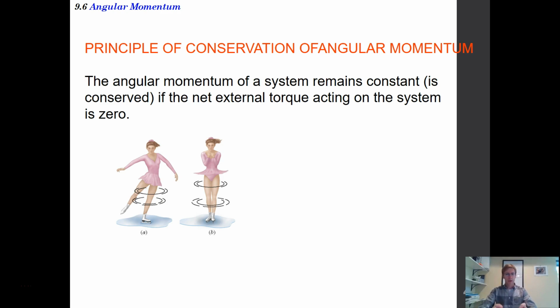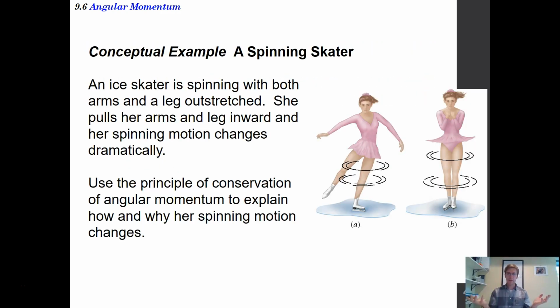But anyway, if it's free of any net external torques, so there's nothing outside affecting it, only torques within the system between objects that are part of the same system, then the net angular momentum will remain constant. A cool application of this is the figure skater. If you've ever watched somebody figure skating, they hold their arms out, right? Get themselves rotating, and then they pull their arms and maybe a leg, their limbs inward towards their center.